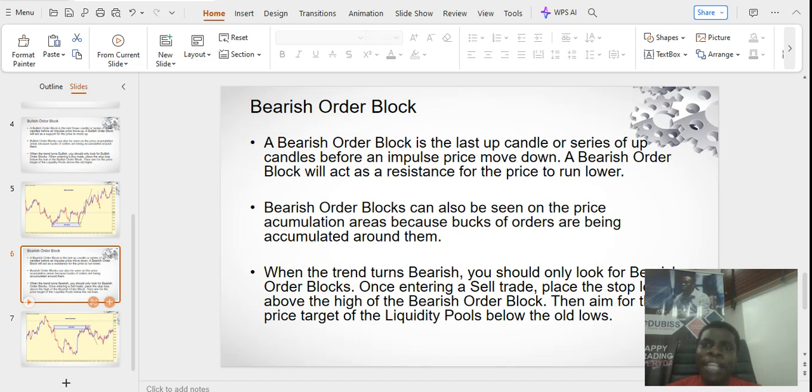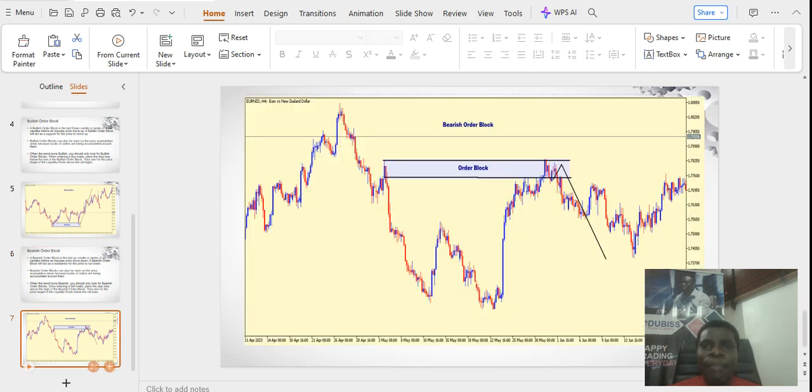So a bearish order block will act as a resistance for price to run down. Furthermore, it is a place seen as accumulation of candles before the price moves down.